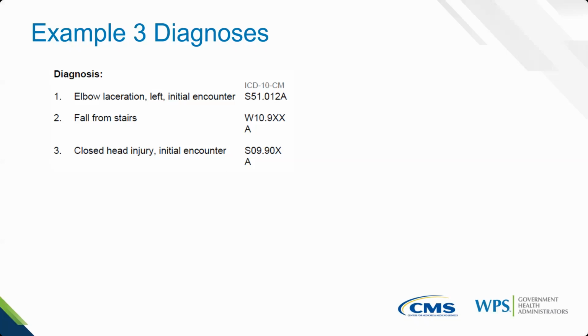We also have, of course, the elbow laceration, which is listed there, and then we have a fall from the stairs. Where the closed head injury could become problematic for this patient is if the patient becomes confused again. Maybe tomorrow they're again experiencing confusion.